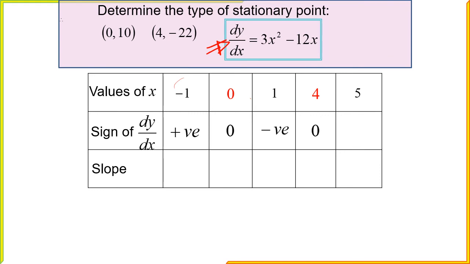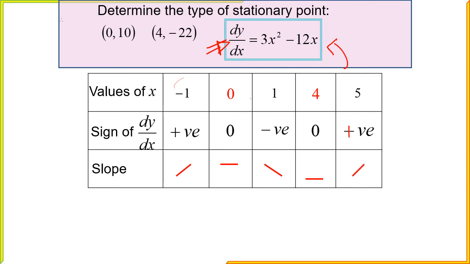And at 5, substituting into dy/dx, we get 25 times 3 is 75, minus 60 is 15, so it is positive. So we have going up, horizontal, going down, horizontal, and going up.